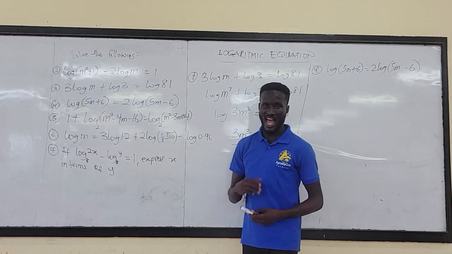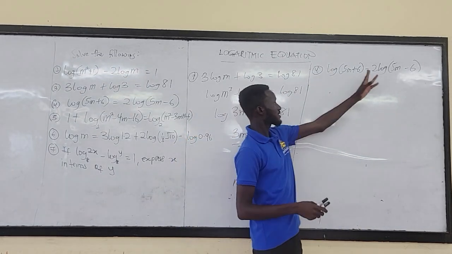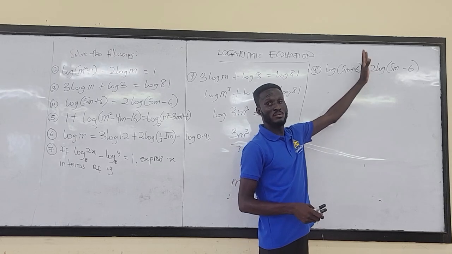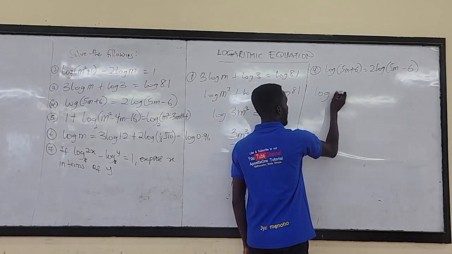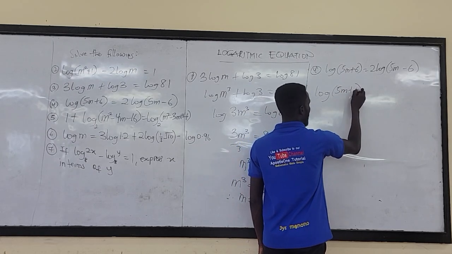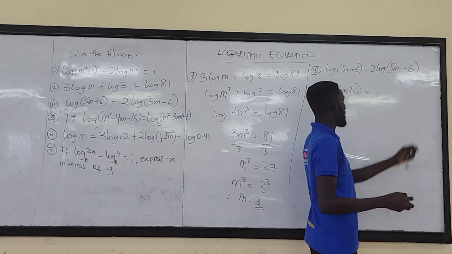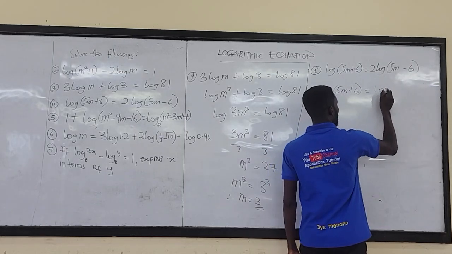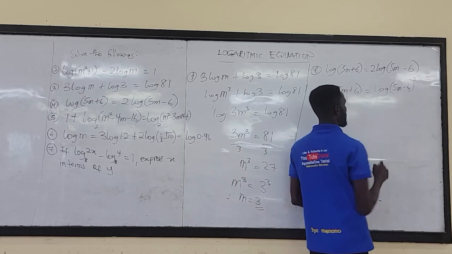Now question 4, we have this particular question. So we are going to apply the same rule. The coefficient here is 2, so I have to make it an exponent. So you are going to have log (5m plus 6) equal to, this one becomes an exponent of the log here. So we have log (5m minus 6) all exponent 2.